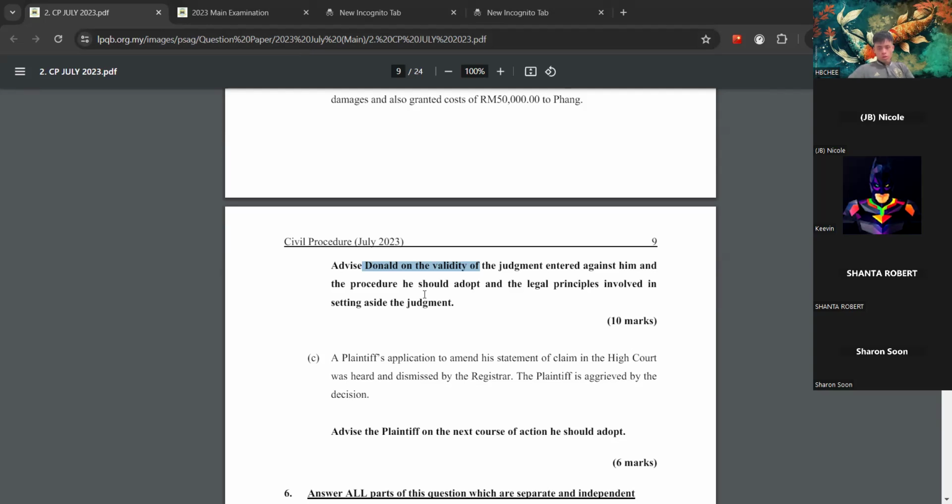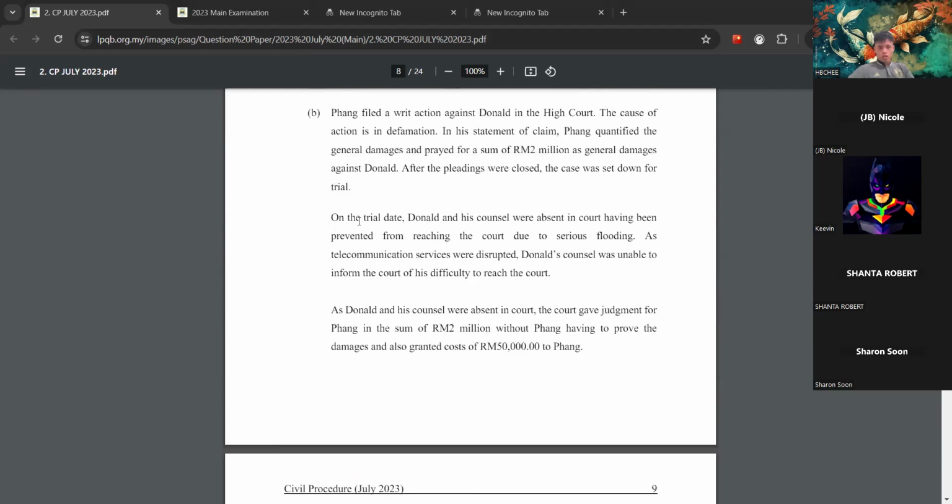Now, looking into the facts on the trial day, your answer should focus on Order 35, Rule 1. In the absence of the party, the court may enter the judgment. So the court is correct to do so, and Order 35, Rule 1(2) says that this is allowed.